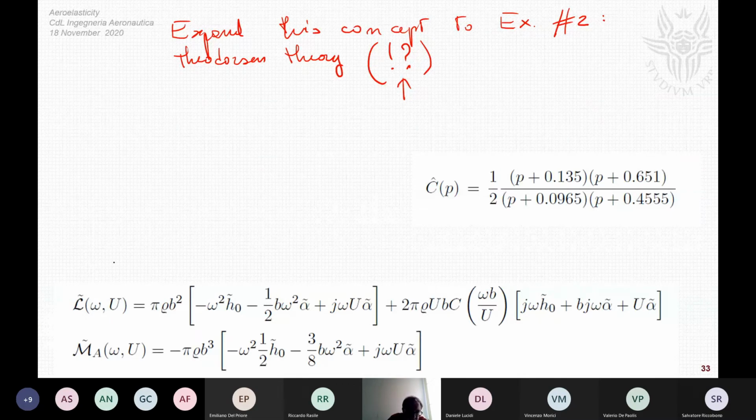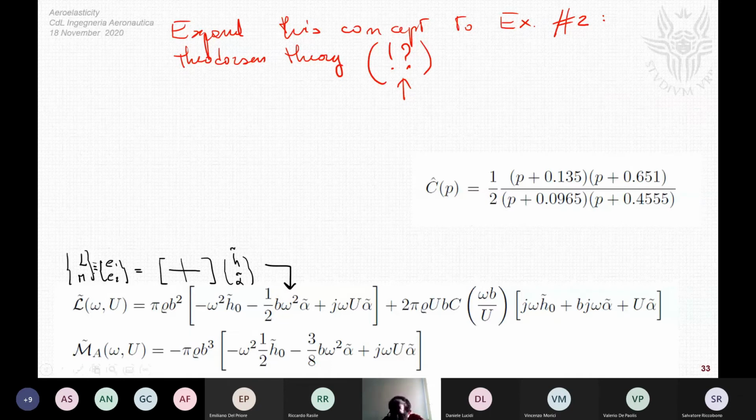We have the generalized force vector Q1, Q2 equal to a matrix applied to h and alpha. And this is exactly this equation. And here we have lift and moment as generalized force.